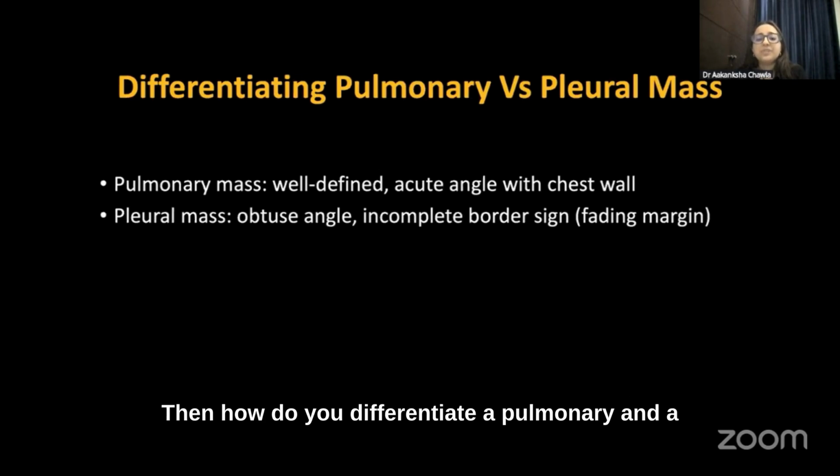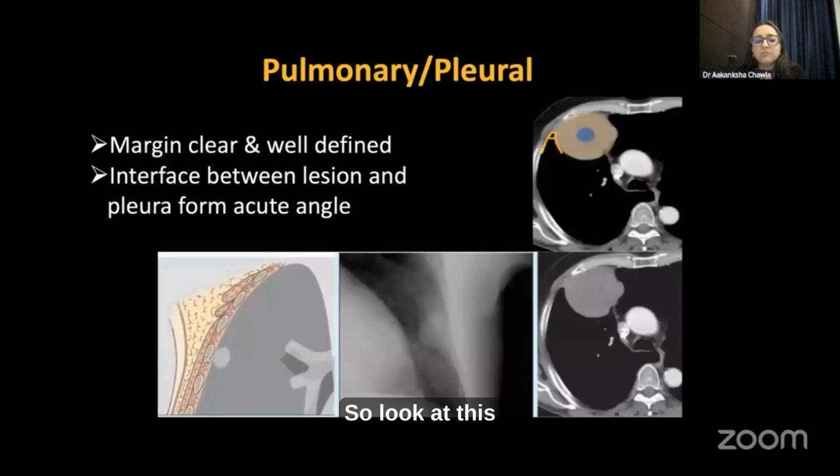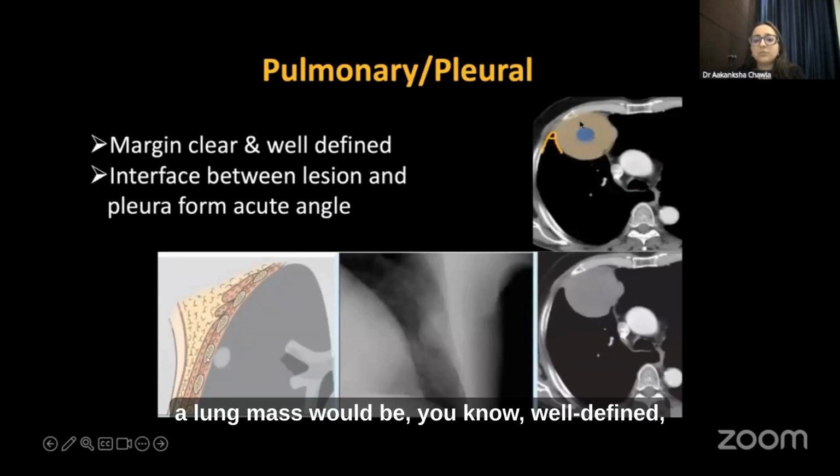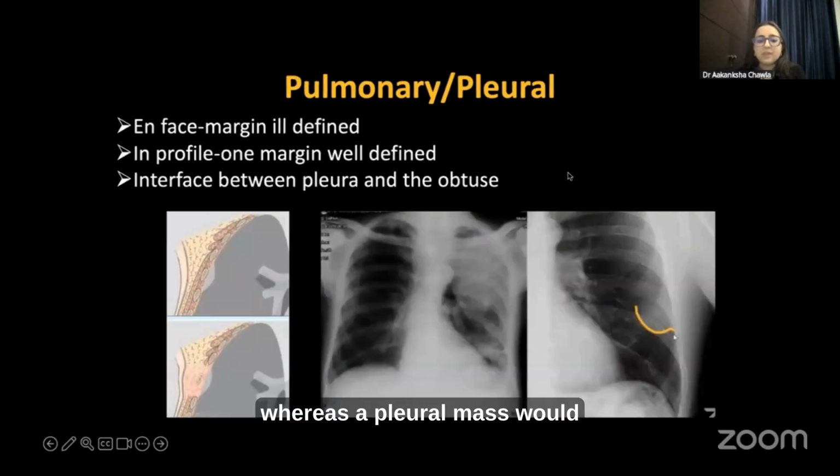Then, how to differentiate a pulmonary and a pleural mass? Look at this actual CT cut. A pulmonary mass, a lung mass, would be well defined, would have smooth margins, and would form an acute angle. Whereas a pleural mass would form an obtuse angle with the chest wall.